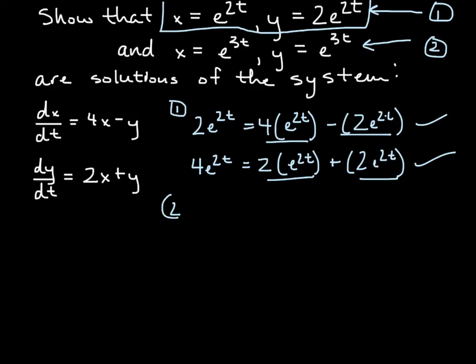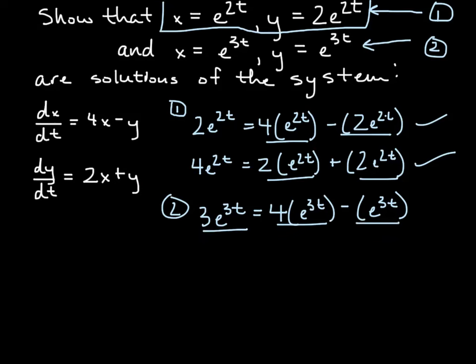And looking at our second option here, both of them are e^(3t). So then dx/dt is going to be 3e^(3t), equal to 4x minus y, so 4 times x, e^(3t), minus y, which is also e^(3t). So you can see 4 minus 1 of them would give us 3 of them, so that works. And then we'll check the dy/dt equation.